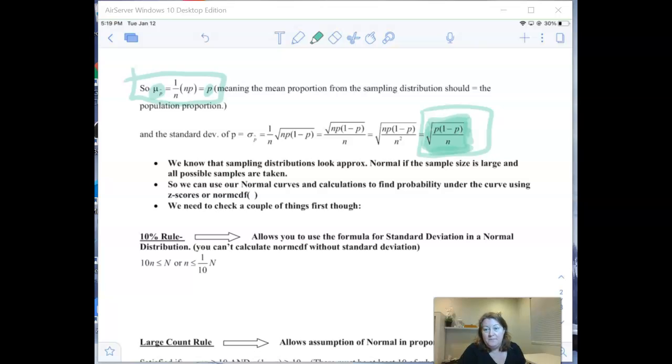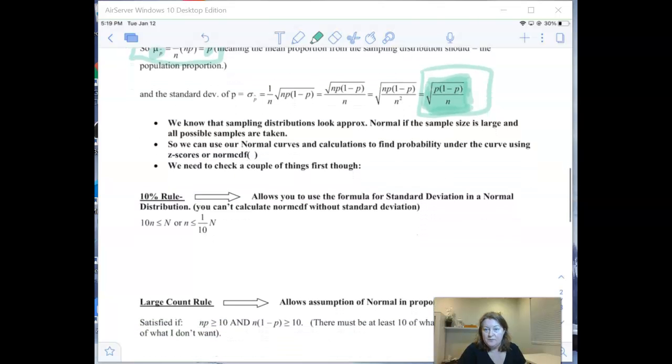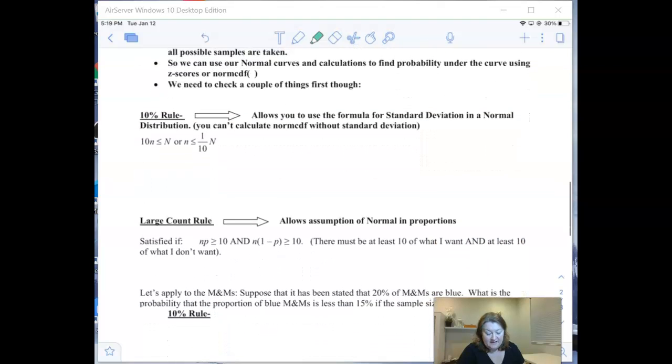So here's the problem. In order to go to a normal, there are 2 rules we have to check first. Rule number 1 is the 10% rule. This one allows you to use your standard deviation formula that I just highlighted. If it doesn't pass the 10% rule, we are done, because it would be a different formula that isn't part of this course. Okay, so they're having you check it, it should work, but they're still going to ask you to check it.